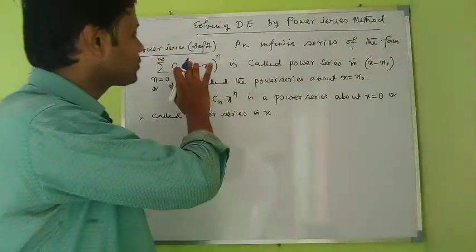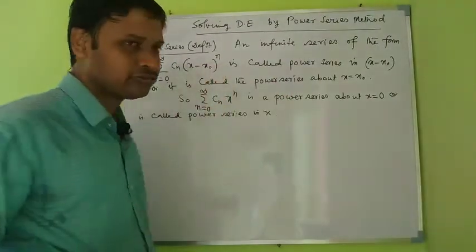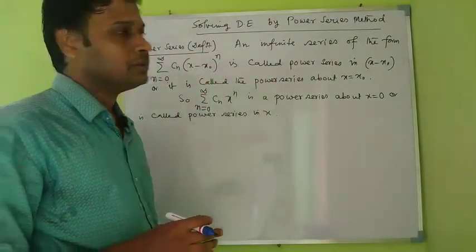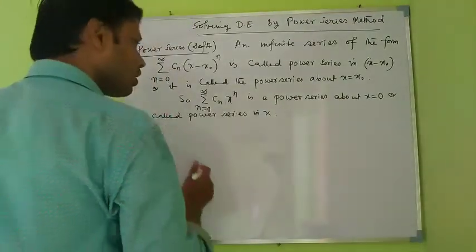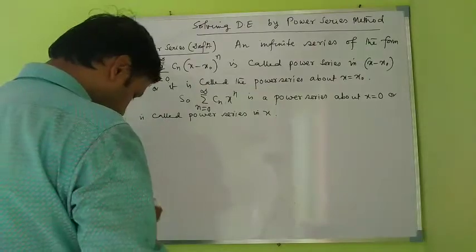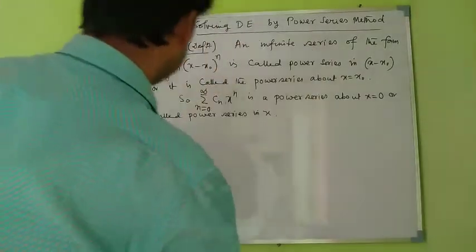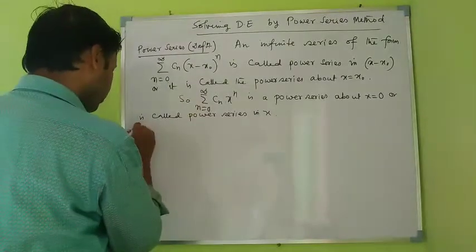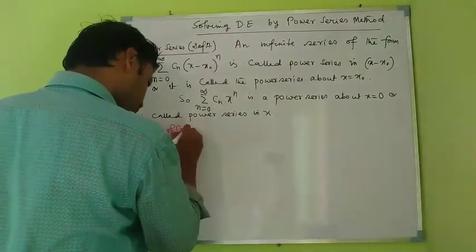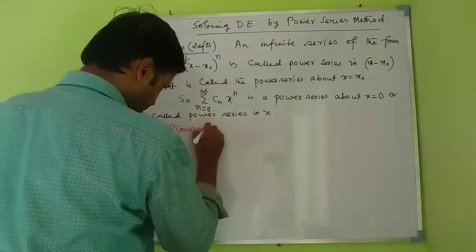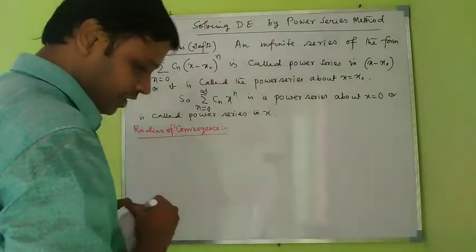So this power series will converge in a certain neighborhood of x naught. Radius of convergence. What is radius of convergence?